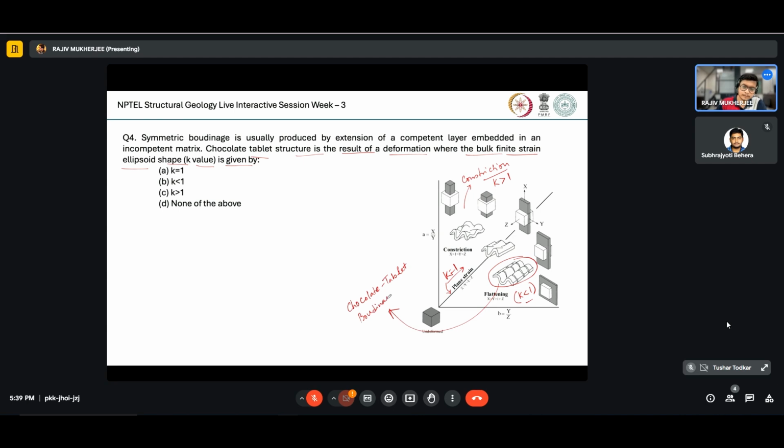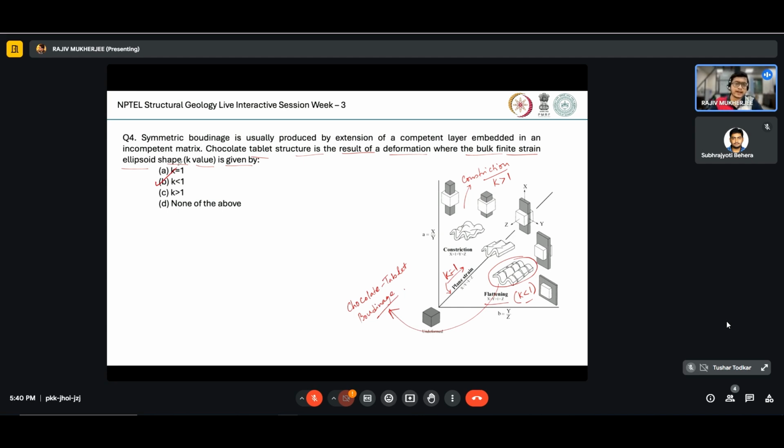As you can see, chocolate tablet boudinage occurs in the flattening type strain, and since in the flattening type we have k less than 1, option B will be the correct answer.